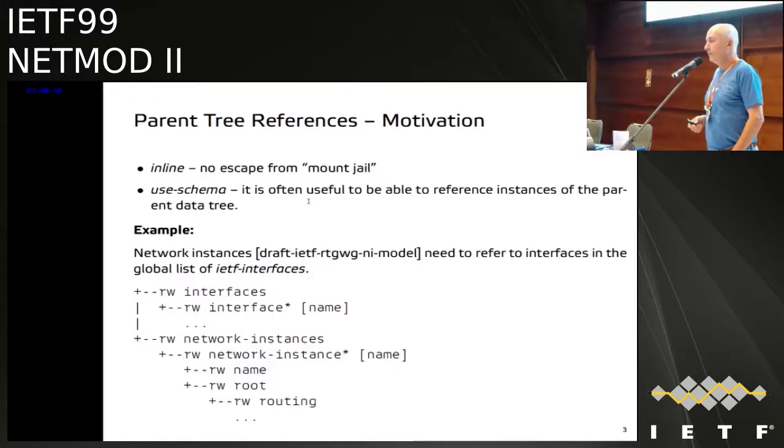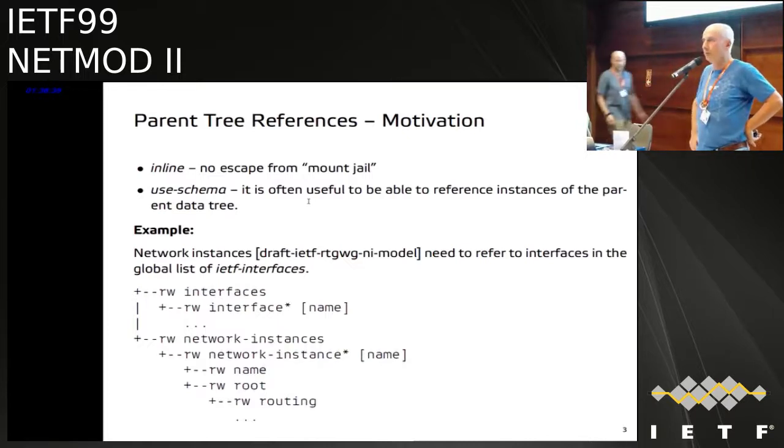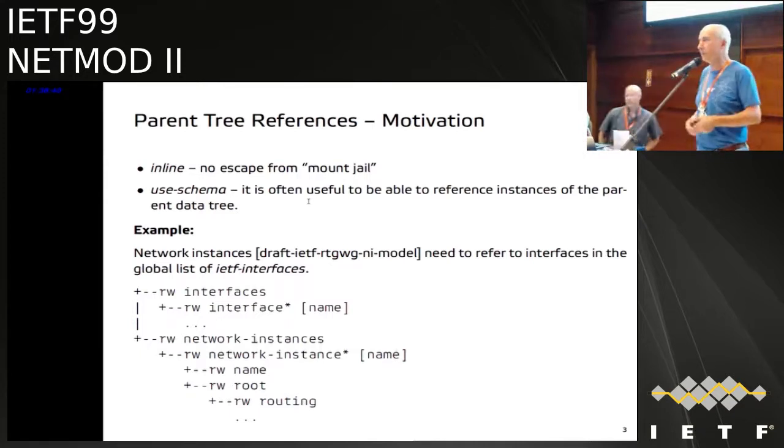In the case of network instances, as you can see on the data tree, we have a list of interfaces that's global. It means it's shared by all network instances, whereas routing configuration and other things are specific for each network instance.